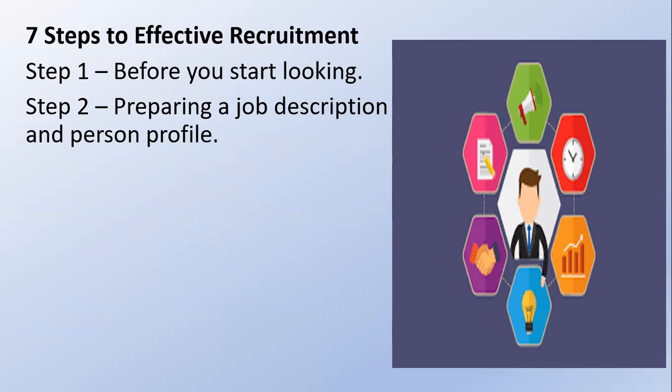What are the various jobs the particular person is supposed to do? The job description must be defined in a clear manner. And the profile of the person they are looking for to meet this job description must be clearly mentioned.